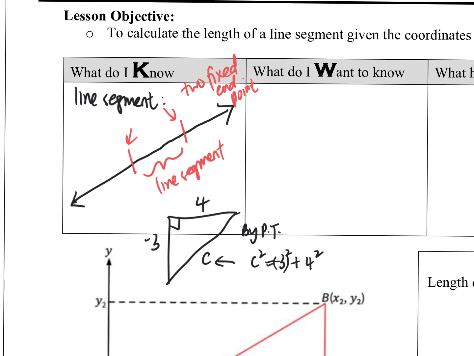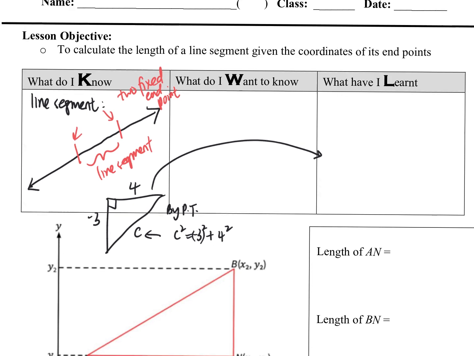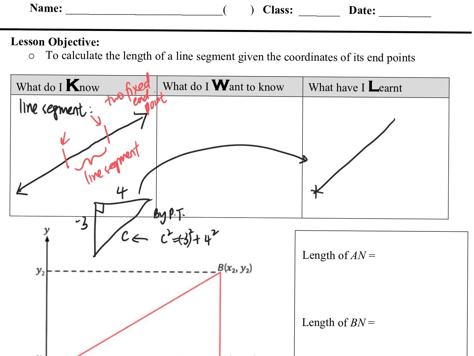Okay, but actually, they made a connection to coordinate geometry to come up with a formula to find length. So for example, I have 2 points. I call it x1, y1, and I call it x2, y2, 2 general points. Then they realized that I can always form a right angle triangle with it.